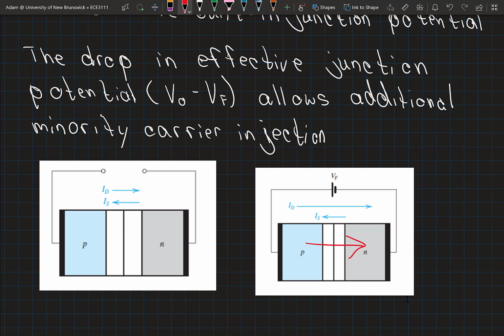We have current flowing through it in the forward direction, but that is due to the fact that now that drop in junction potential allows the diffusion current to be greater than that drift current and result in a net forward flow of current.